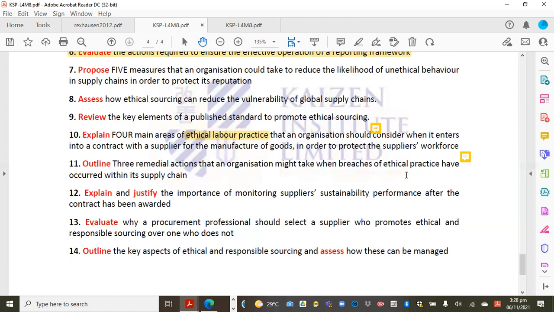I beg you. Then 11, outline 3 remedial actions that an organization might take when breaches of ethical practice have occurred within its supply chain.